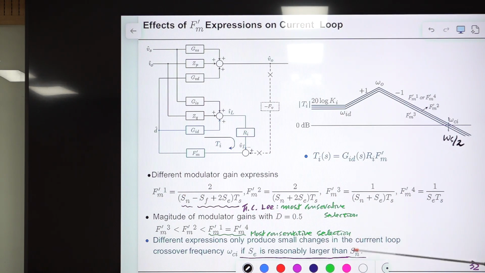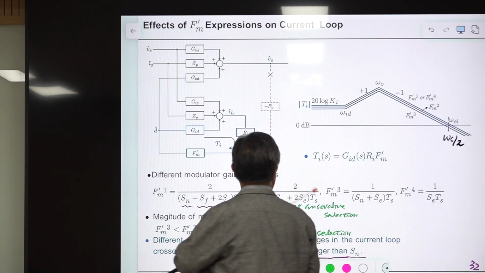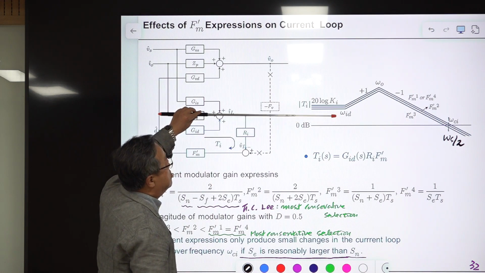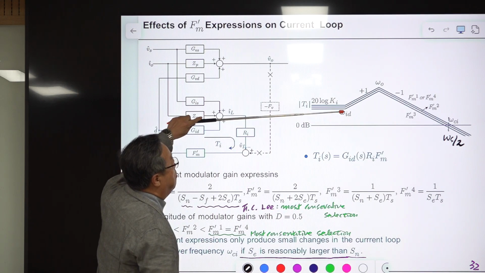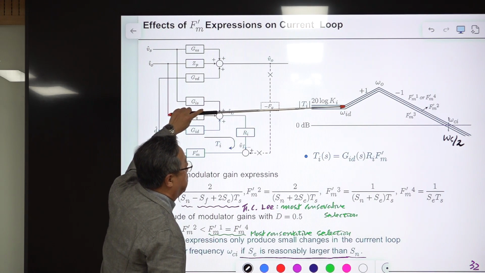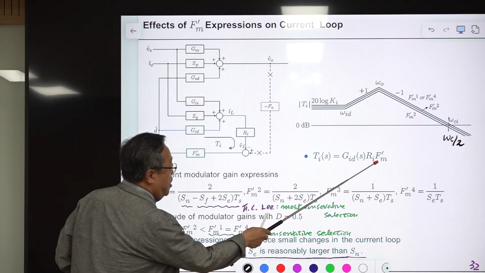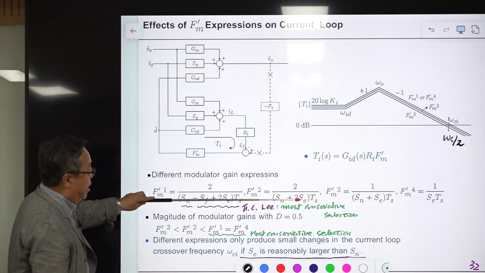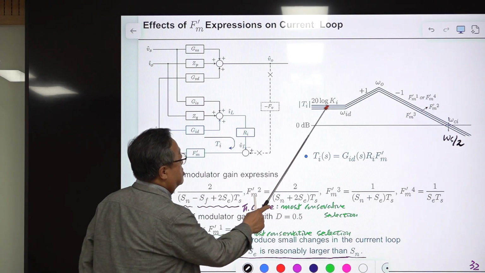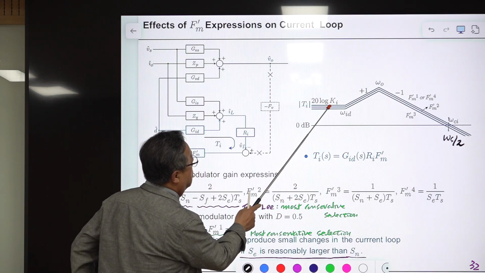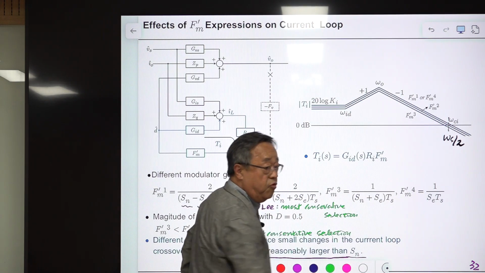With different Fm prime expressions, the only difference occurs at the value of Ki, because Ki is the magnitude of the current loop, and the rest remains the same. So by using a different expression, the magnitude of Ki will be different, and accordingly the crossover frequency of the current loop will be different.